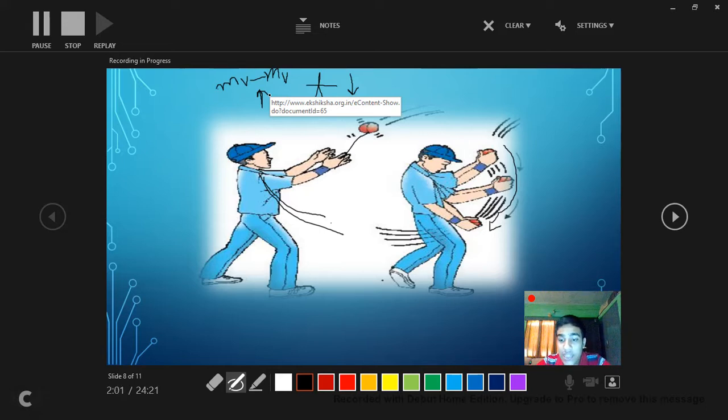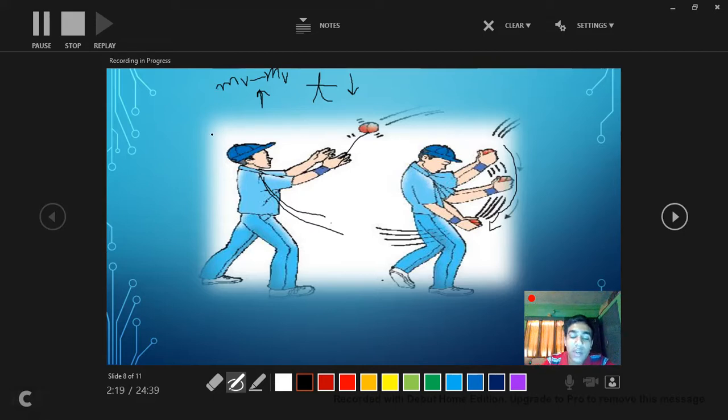So if t is transposed, it will be inversely proportional. Time is inversely proportional to the rate of change in momentum.